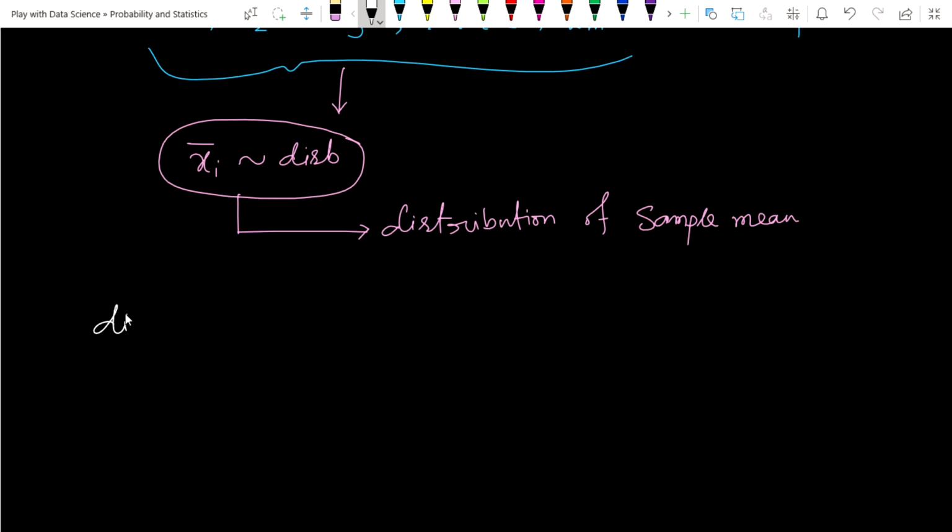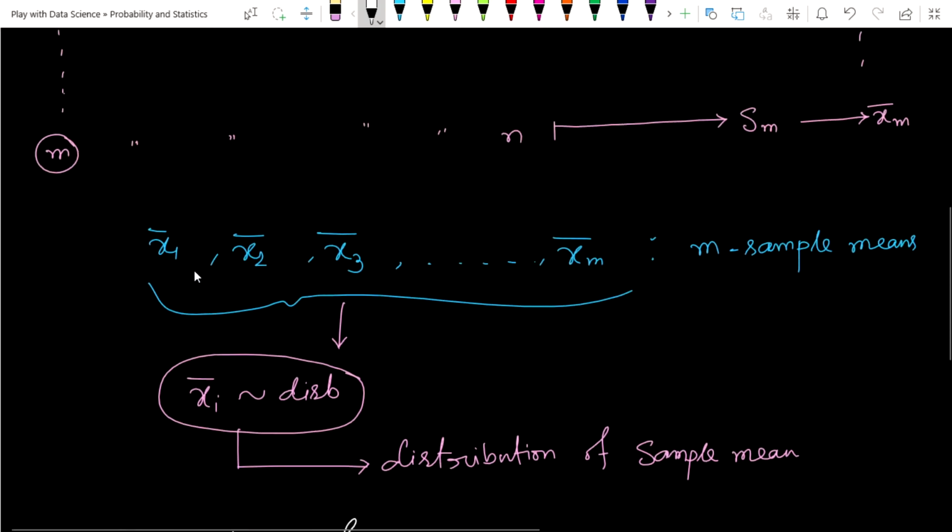The distribution of the xi bars is the sampling distribution.